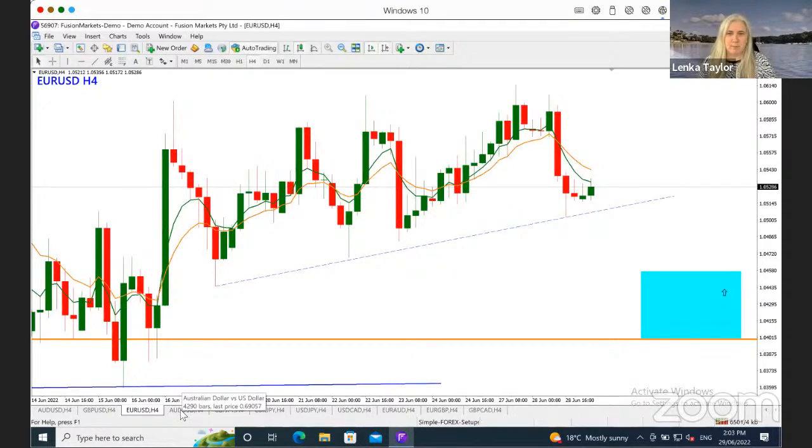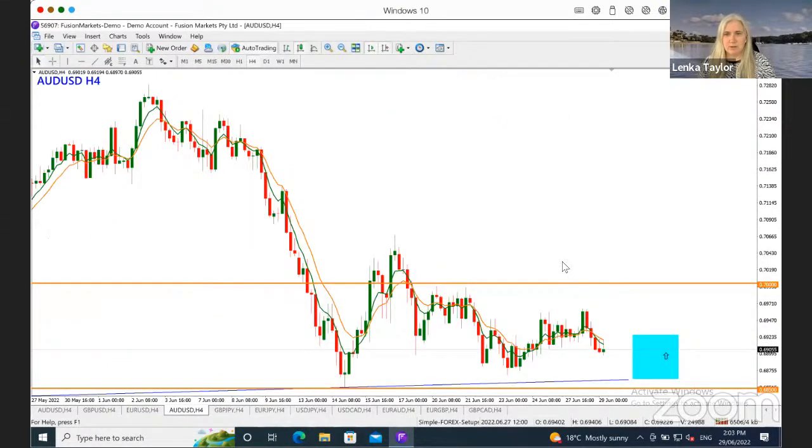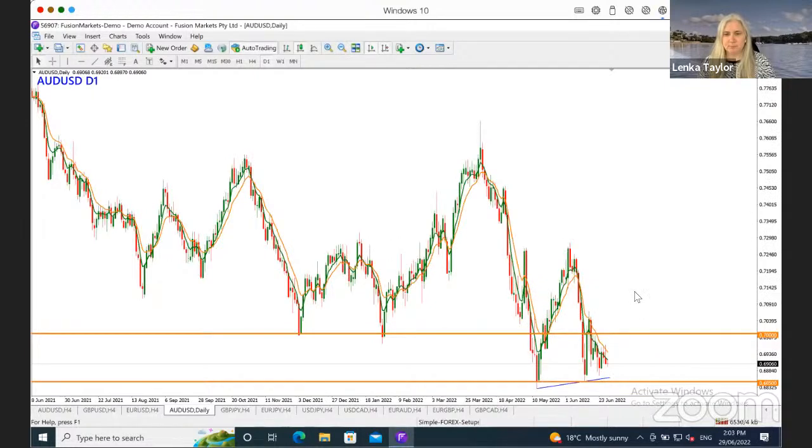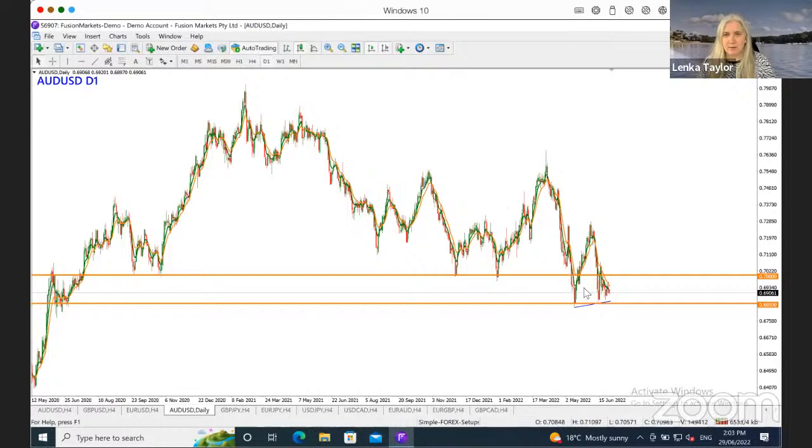Next currency pair I'm looking at is AUDUSD. Here I'm also looking at a potential long. At the moment, we have price hovering in the range where it has been before, and it has been there for quite some time.